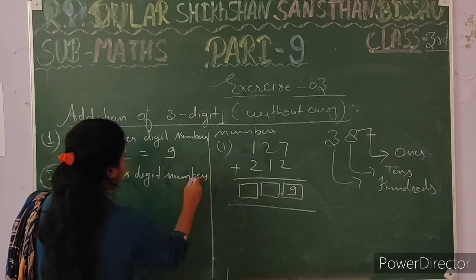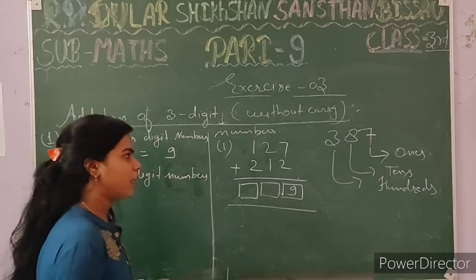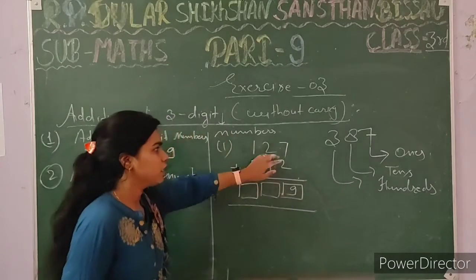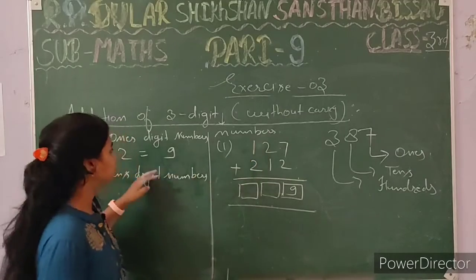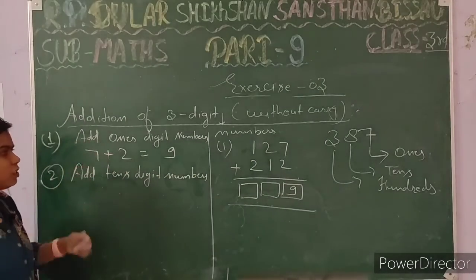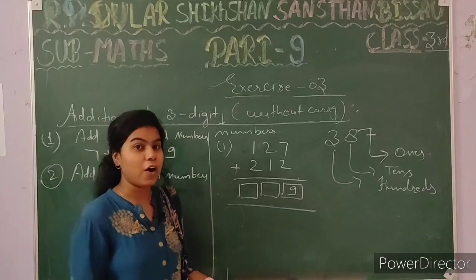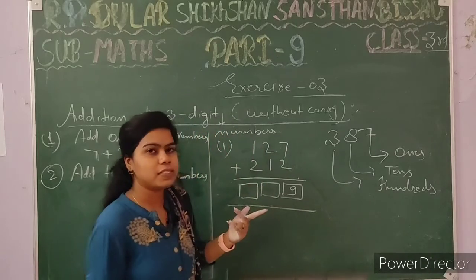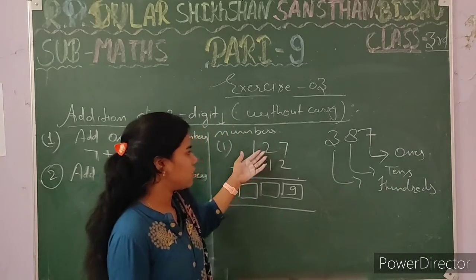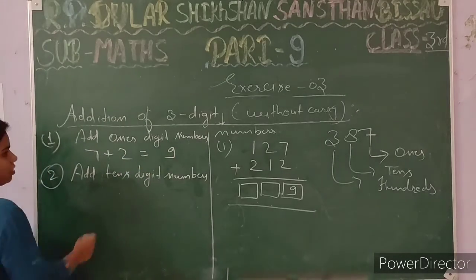Students, I tell you about ones, tens, hundreds because this one is called ones, this one is called tens, and this one is called hundreds. So when we don't know about the ones digit, how do we add? So first of all we know which one is ones, tens and hundreds. First add the ones digit number and then the tens digit number.